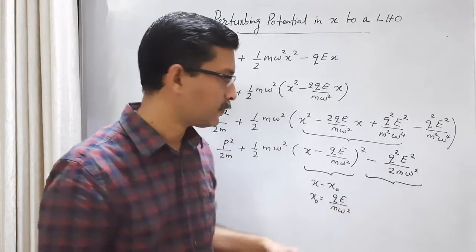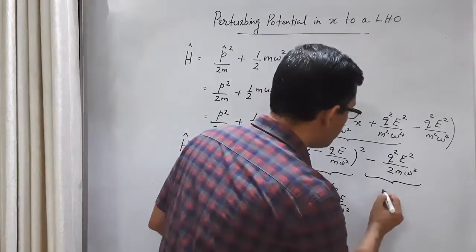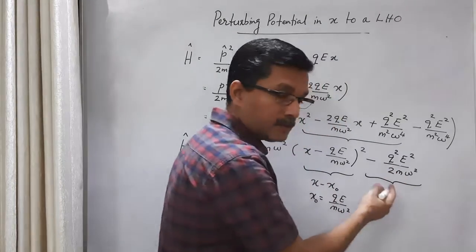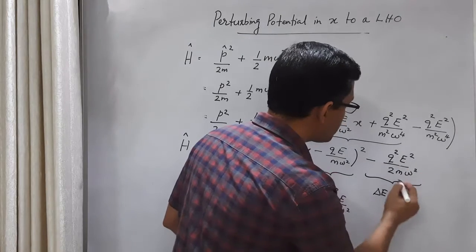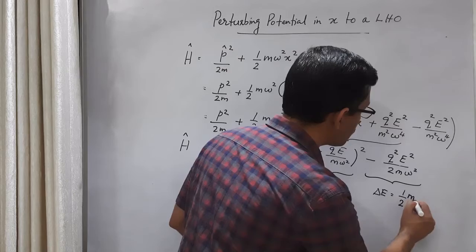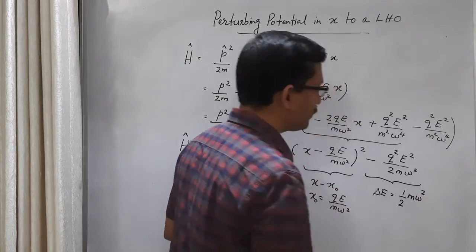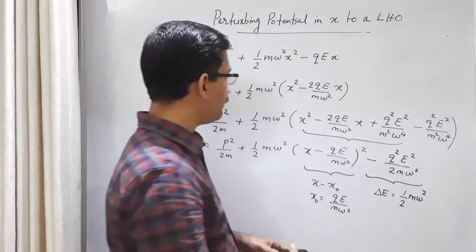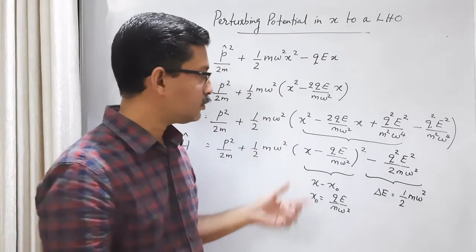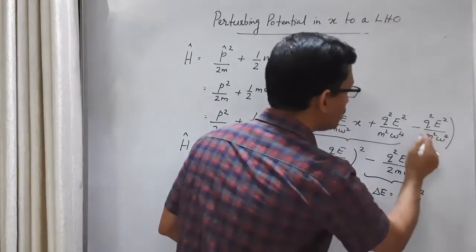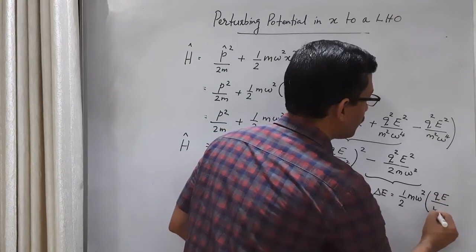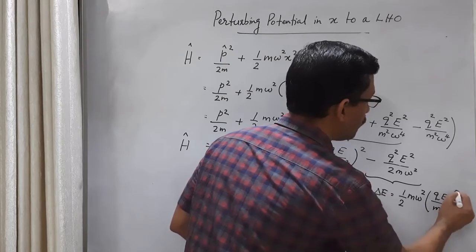If you take half m omega square outside, what is remaining is this term, so I can write this as half m omega square into QE by m omega square, the whole square.